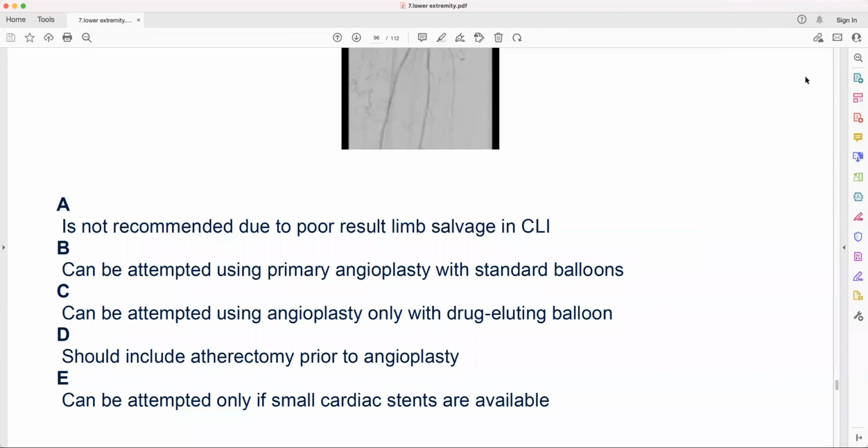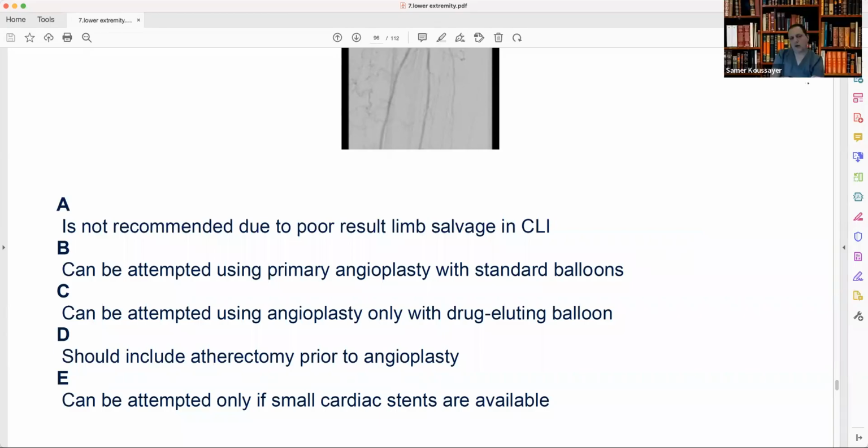When we have some complications, you have to resolve them, because here you are saving a limb. So if there is any dissection or anything like this, you have to have cardiac stents on the roof and use them if they are necessary. I agree with you, but sometimes I use them.